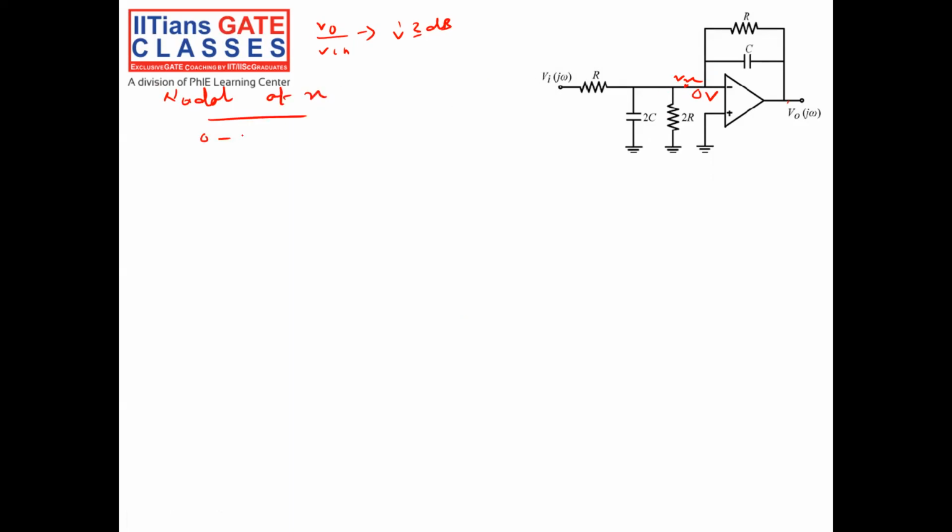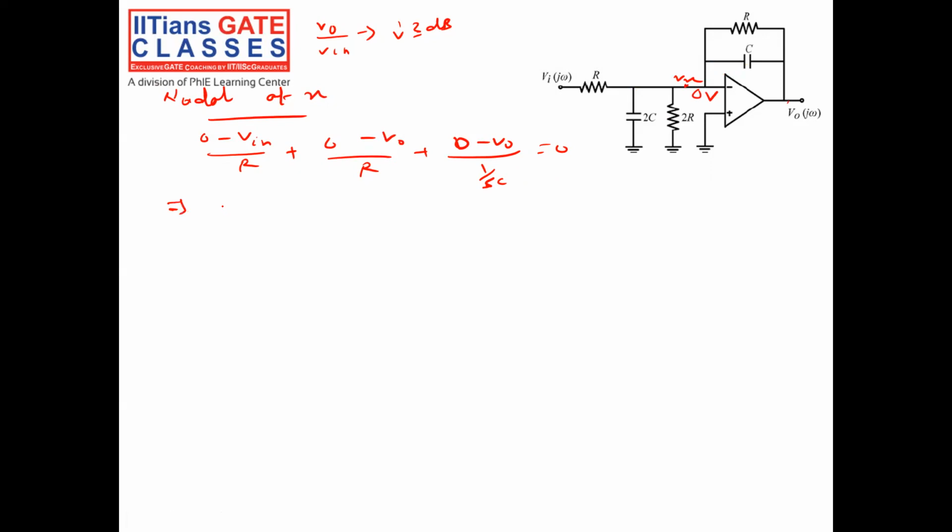What is this? 0 minus Vin by R plus 0 minus V0 by R plus 0 minus V0 by 1 by SC is equal to 0, right?